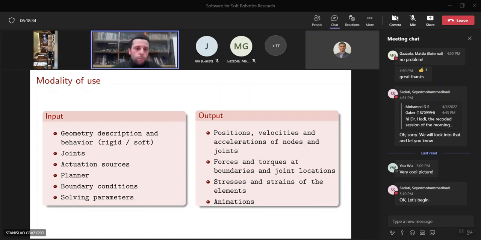With this input file we start the simulation, and in output we have classical kinematic variables: position, velocities and accelerations of nodes and of joints, the forces and torques at boundaries and joint locations, as well as stresses and strains within the elements.